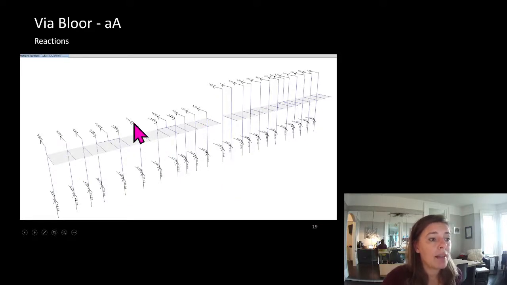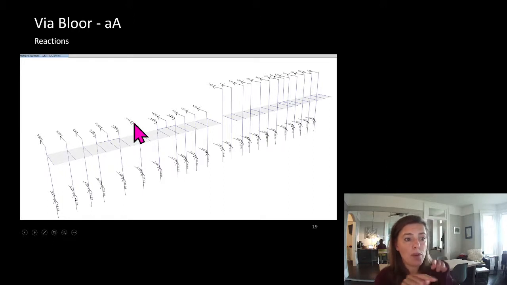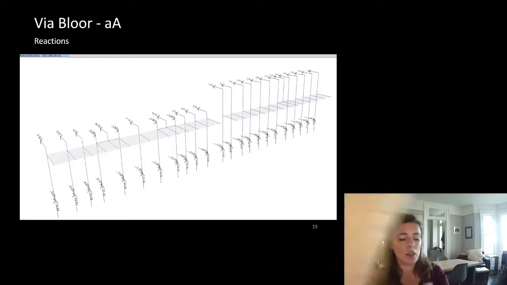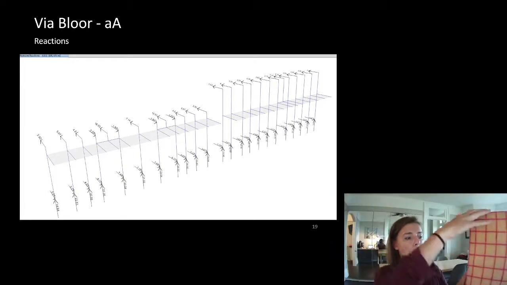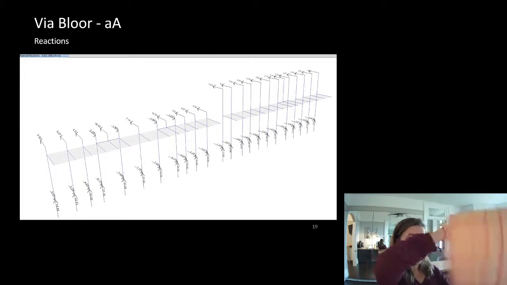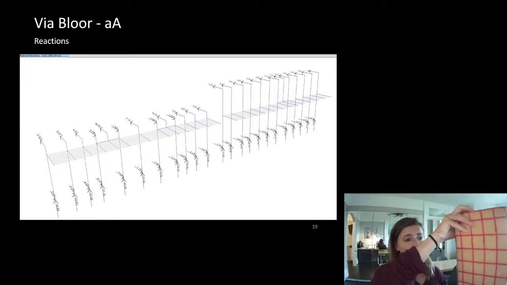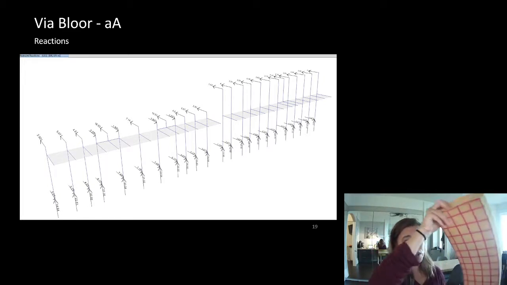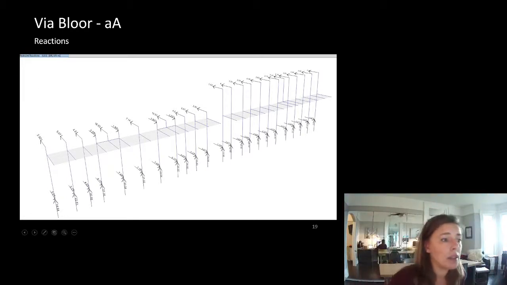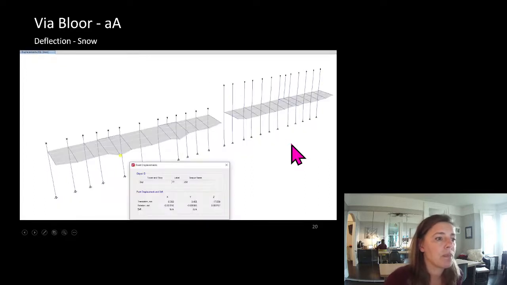As this canopy tries to bend this way, we have the top trying to flip out and the top and the bottom trying to push in. So we have created a couple with the top and the bottom of these columns because of the load on the canopies.